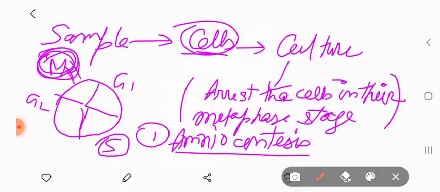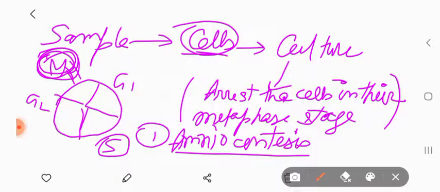That fluid may contain certain cells from the fetus, which we can use for karyotype analysis to check whether the baby has some abnormalities or not.